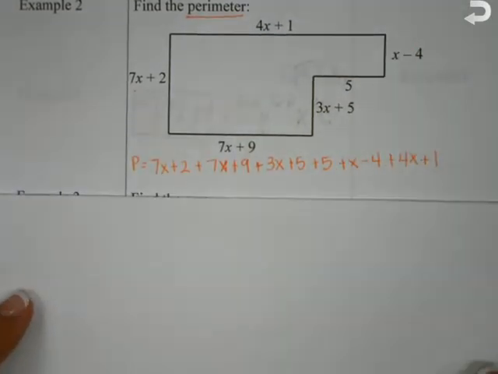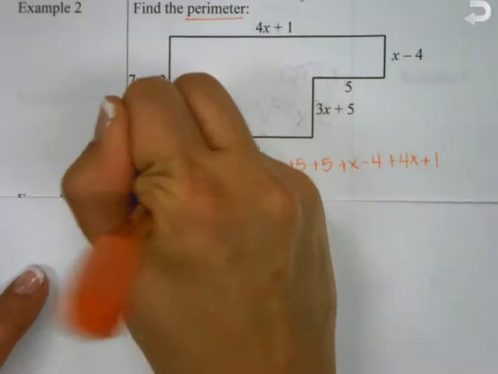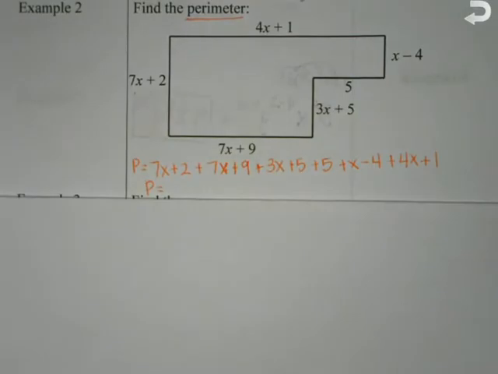So that makes my perimeter equal to, what do I do with all of this stuff? Good, combine like terms.